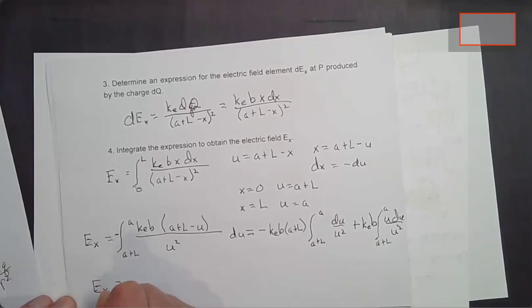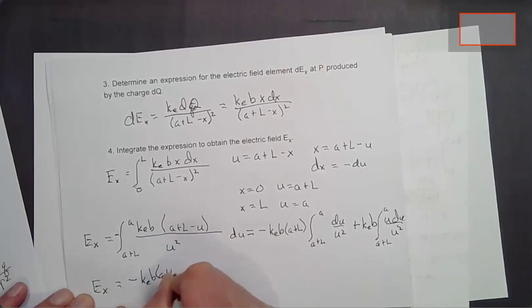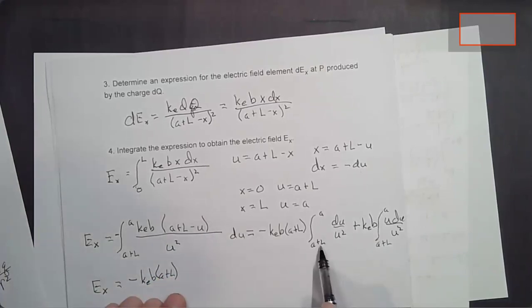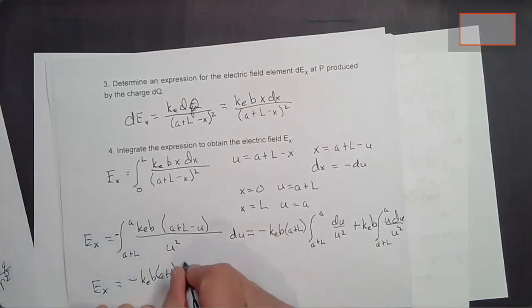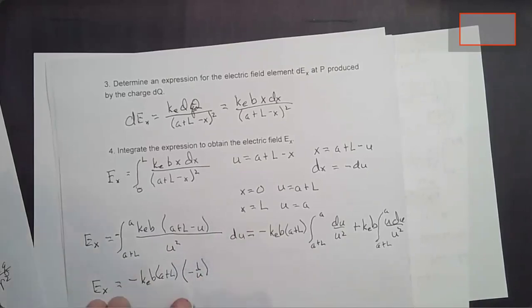E sub x is going to equal, on the first one, minus k sub e b times a plus L, and integrating that, I get minus 1 over u. Minus and minus is going to make this a plus, but I'm evaluating it at a plus L to a. So that's sort of like the one we had last time.